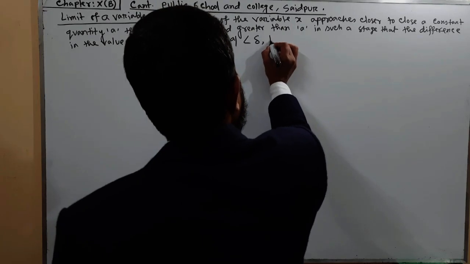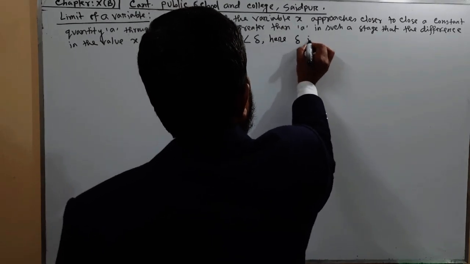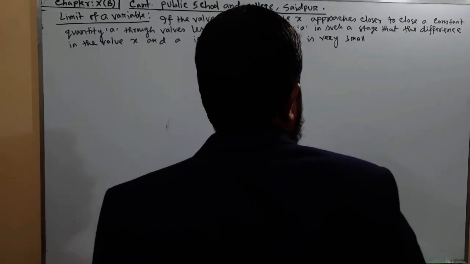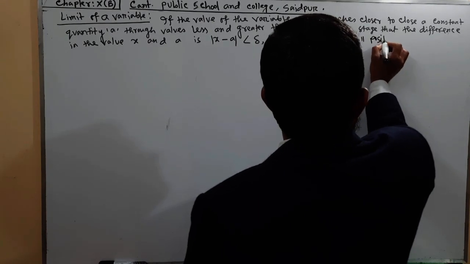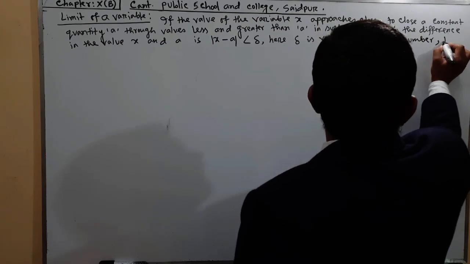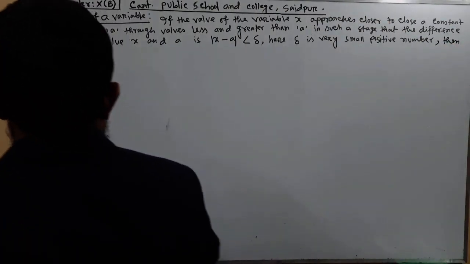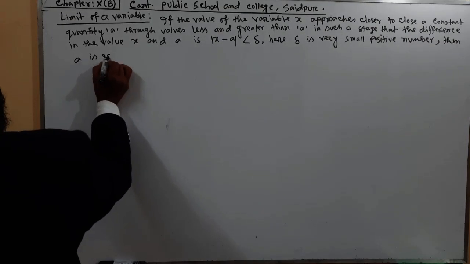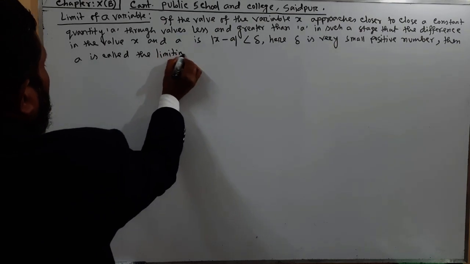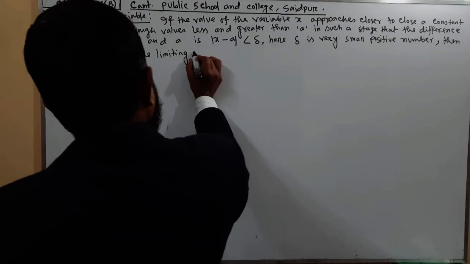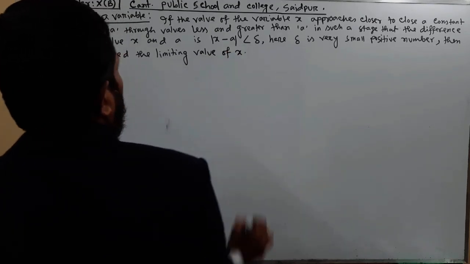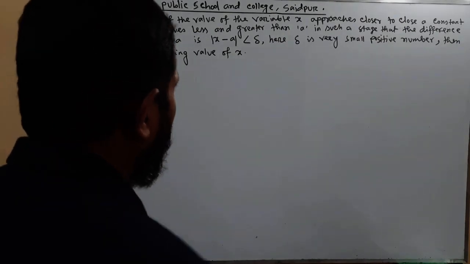Here delta is a very small positive number. Then a is called the limiting value of x or a limit of x.